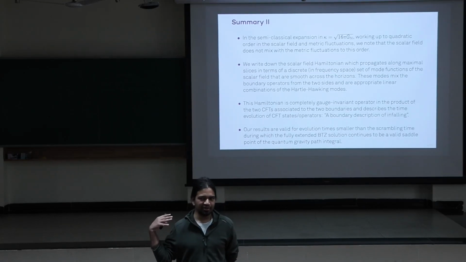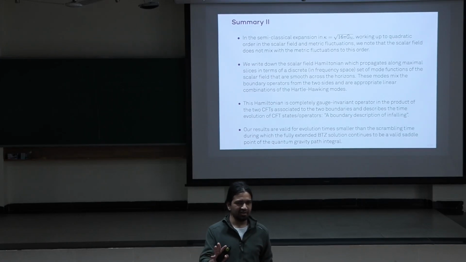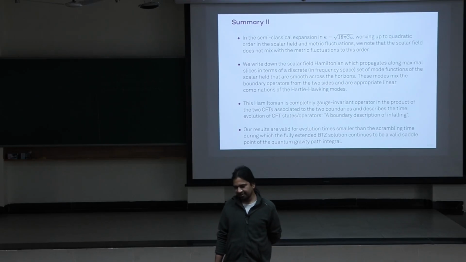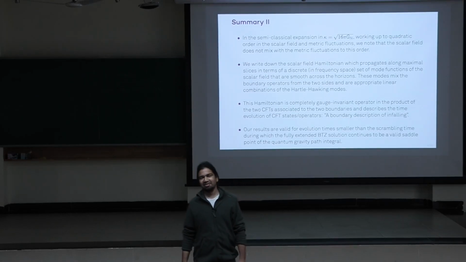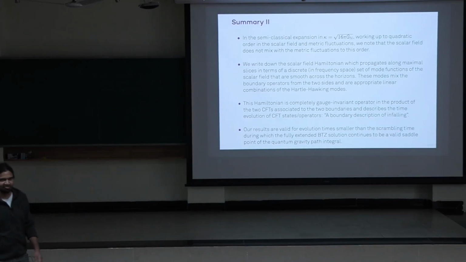I think what we do here can be applied to a single-sided black hole, but it'll be technically more challenging. I think it's only technicality. I haven't worked out the single-sided case, so I cannot say. It may be conceptually different as well. I don't have an immediate good answer to that.